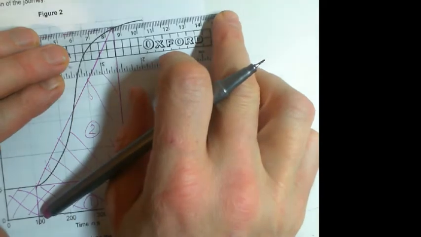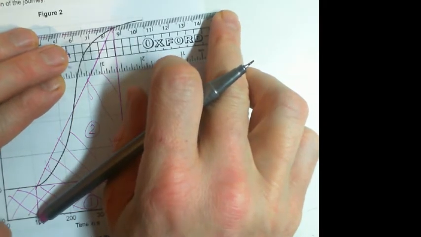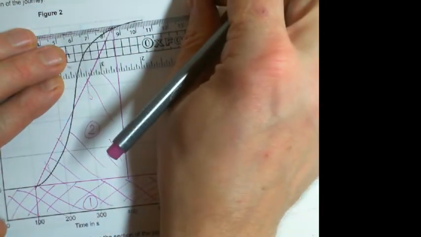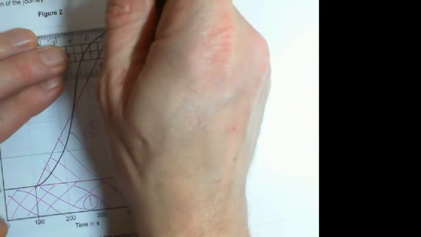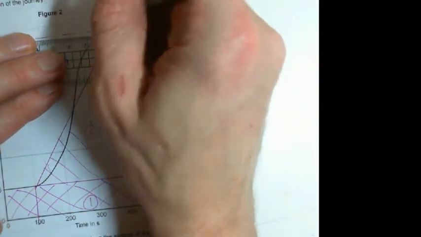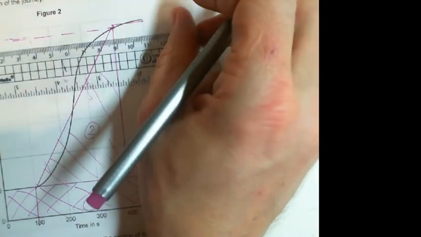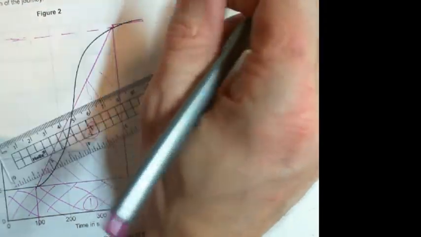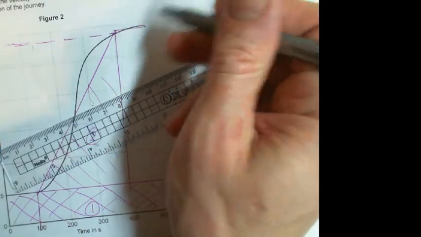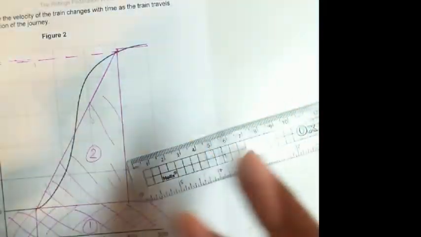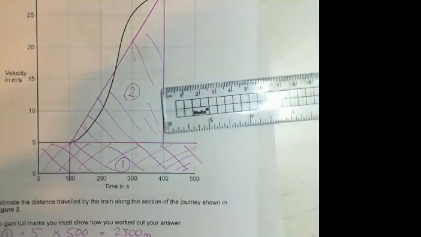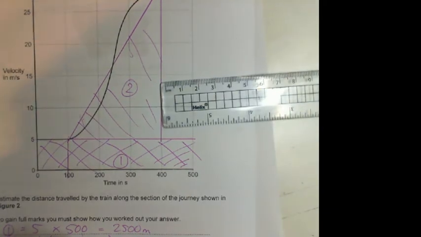And then the last one, well, I used the same method that I used previously, where I had a little curve. So I try and draw my line where I think I've got as much above it as I've got below it. So that's probably going to be, what, 28, 29, so around there. So that's going to be area number 3.